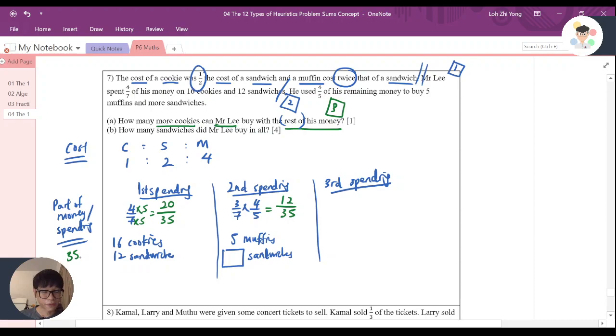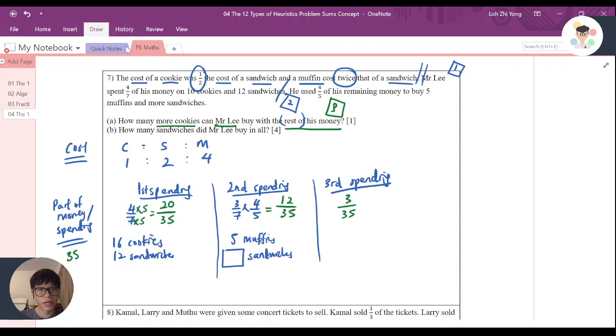Now, I know that 35 is the total money I have. I spent 20 here. I spent 12 here. So what I have left will be 35 minus 20 minus 12. So it's actually 3. It means that what he actually has left for this is only 3 out of 35.